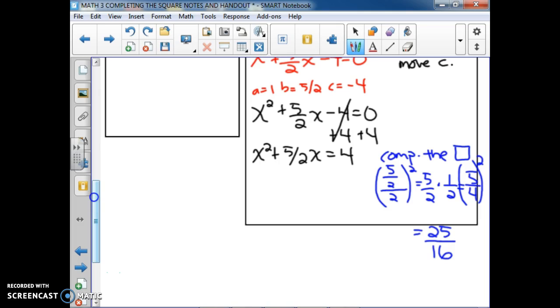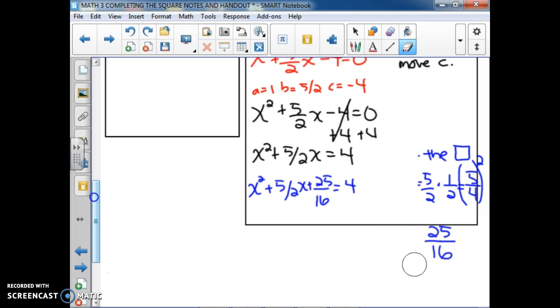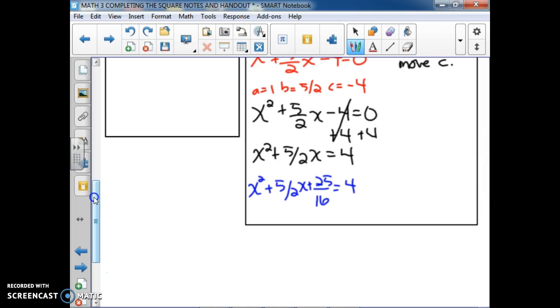Now I'm going to add 25 over 16 to both sides. So I have x squared plus 5 over 2x plus 25 over 16 equals 4 plus 25 over 16.